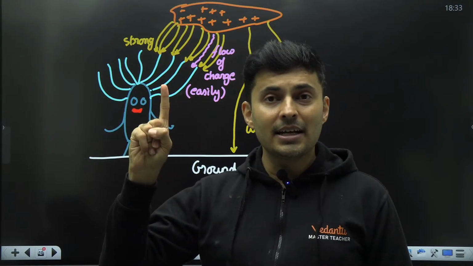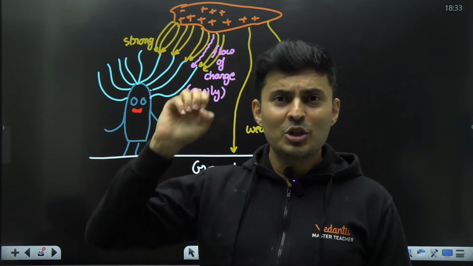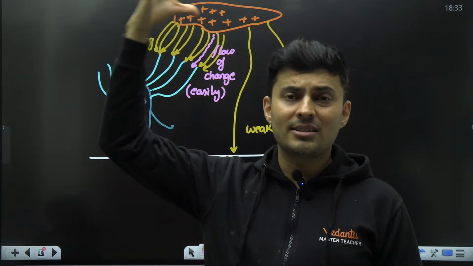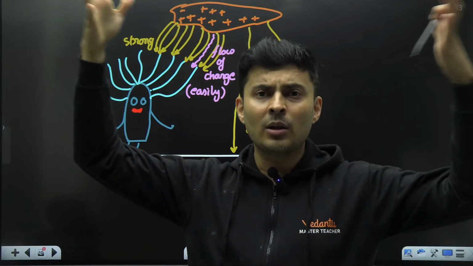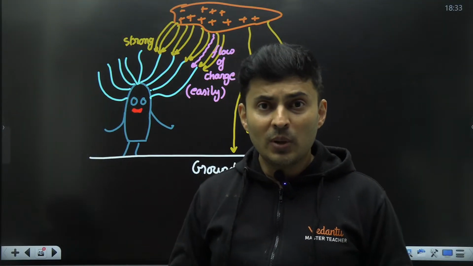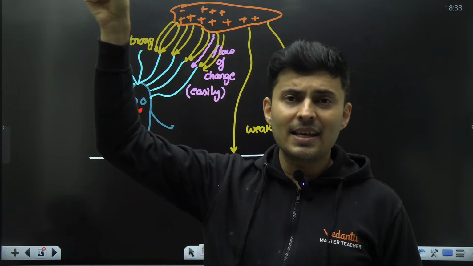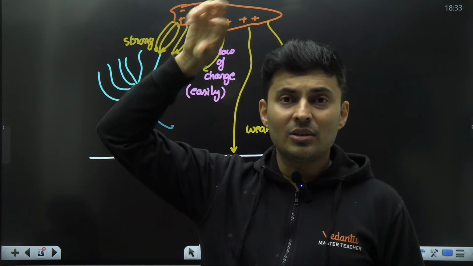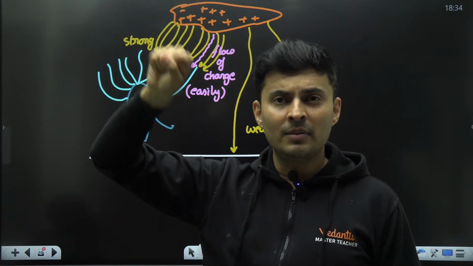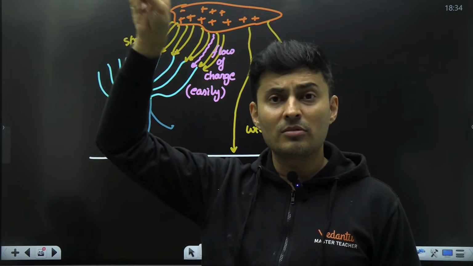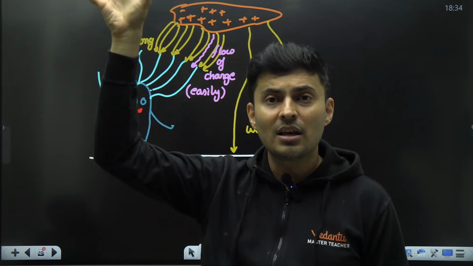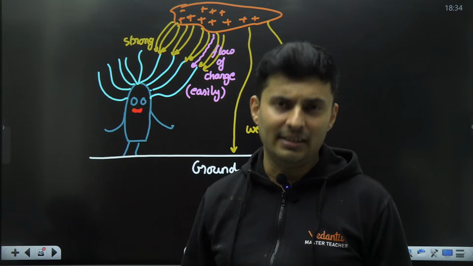That lightning conductor has a very sharp edge. So when the charges build up in the sky, in the clouds, and they are looking for an escape route towards the earth, the moment those sharp edges are there, the electric field will be strong, and the electrons will find an easy passage via that strong electric field.